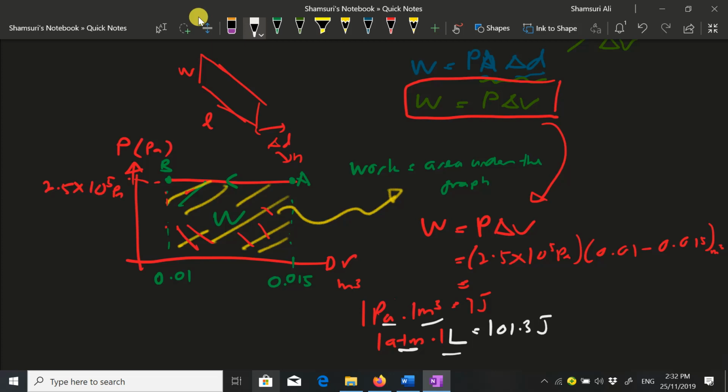And we also have to know that 1 ATM is equal to 1.013 × 10^5 Pascal, and 1 meter cube is equal to 1000 liters.